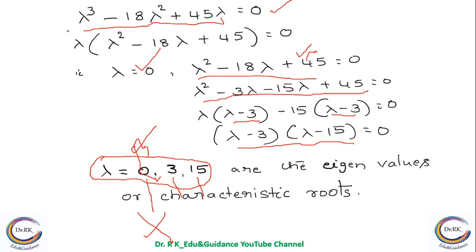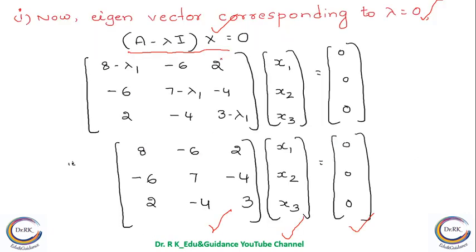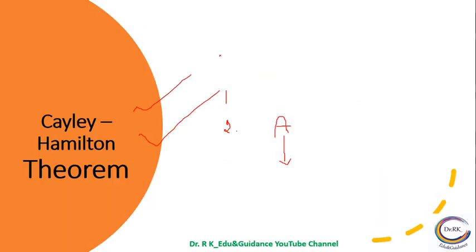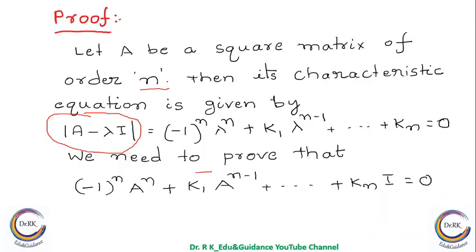Then the characteristic equation is a polynomial of order 3 which is equal to 0: lambda cube minus 18 lambda square plus, and so on. So if the matrix is of order 3, then this is of order 3, right? That is what we use here.